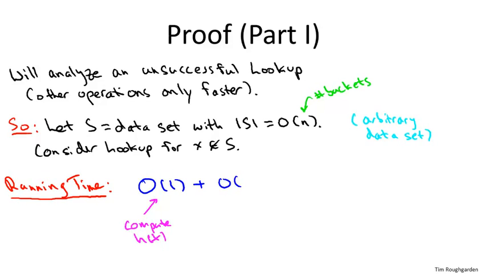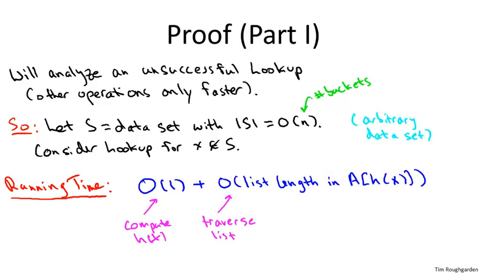So we go straight to the appropriate place in our array of buckets, and we just search through the list, ultimately failing to find what we're looking for, x. Traversing a linked list, as you all know, takes time proportional to the length of the list. So we find something we discussed informally in the past, which is that the running time of hash table operations implemented with chaining is governed by the list lengths. So that's really the key quantity we have to understand.